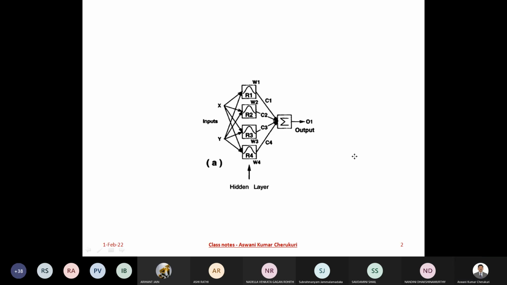Now let us go further. We have seen that the activation is just propagating, and that there is no connection weight from input to hidden; you have only the connection weights from hidden to output.